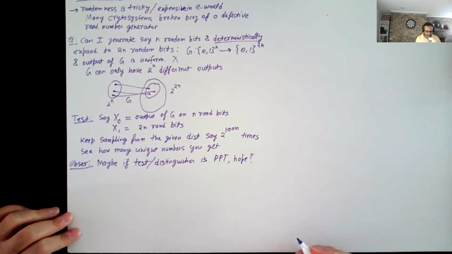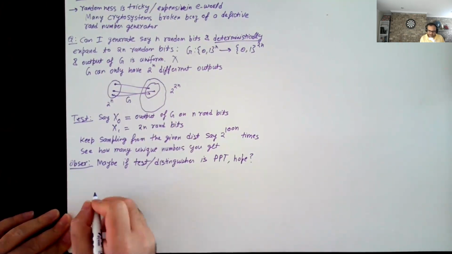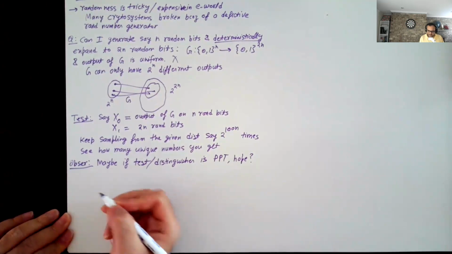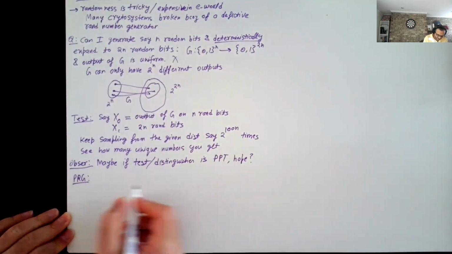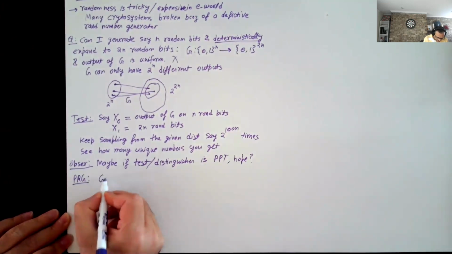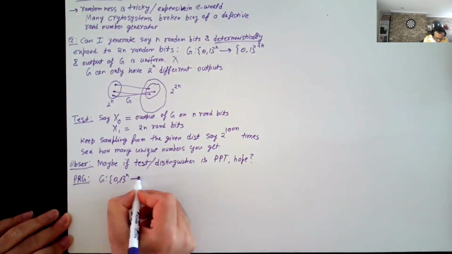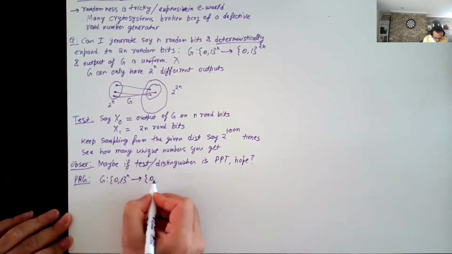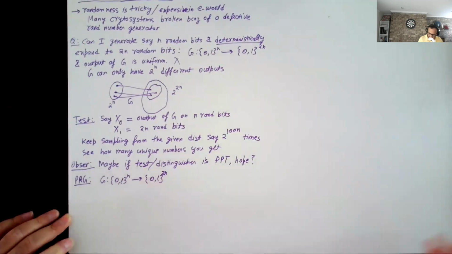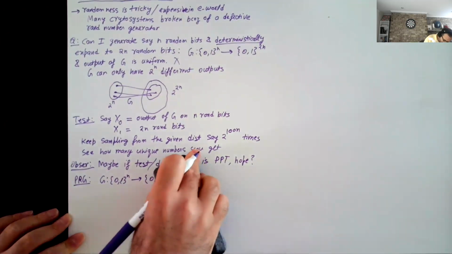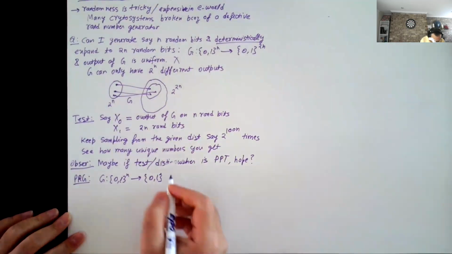So what we are looking for here is a PRG. A PRG again takes n bits, and for now I want to expand to 2n bits. And here this 2n is somewhat arbitrary. I could ask for any expansion factor.